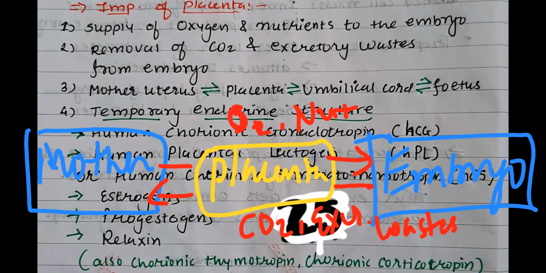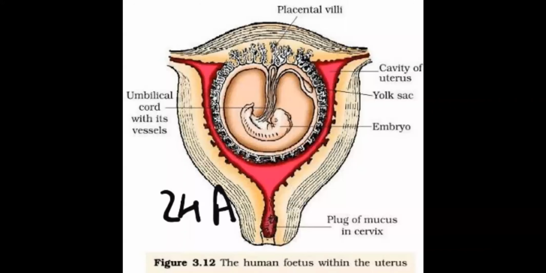Later on, as the development progresses, the embryo comes out from the wall of endometrium into the cavity of uterus, like this. See, initially the embryo was lodged into this region, the wall of uterus.